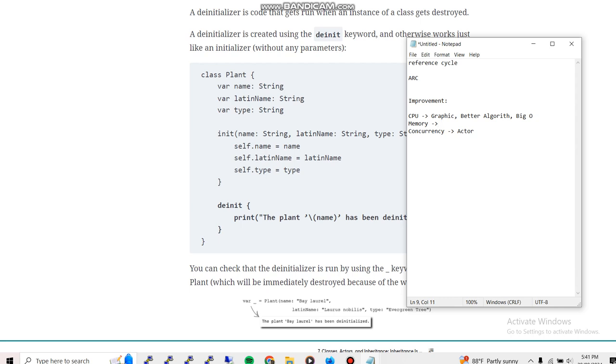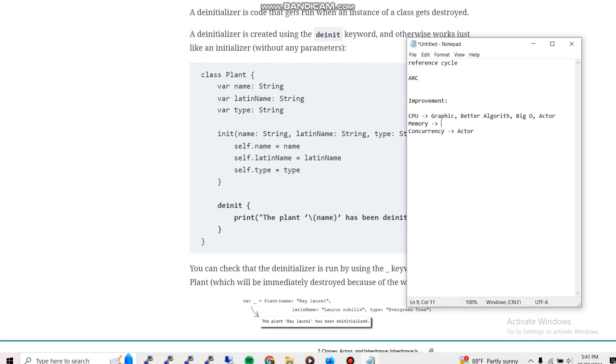But improvement in memory is the topic that we are going to talk about now. Concurrency also impacts the CPU very highly, right? So if we need to improve something in our apps, we need to check our algorithm, Big O, graphics, and actor, right?